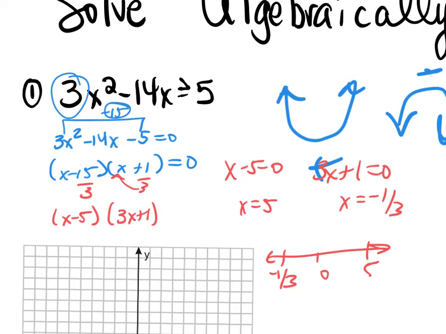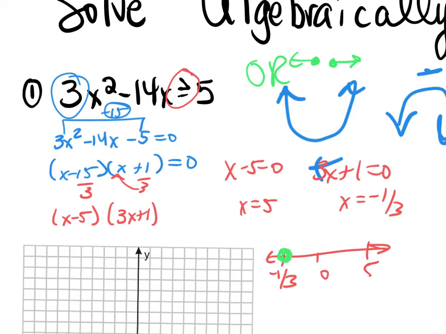So I have closed dots because this is a what kind of a sign? Less than or greater than? Guys, 3x squared minus 14x is what than 5? Greater than. So this is an or. I have closed circles, or dots. I'm going to shade in opposite directions.